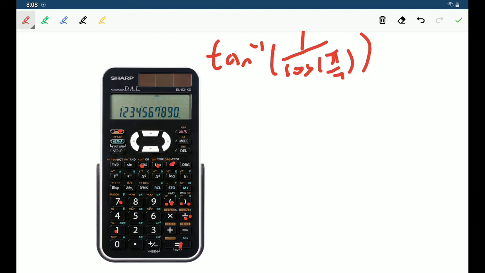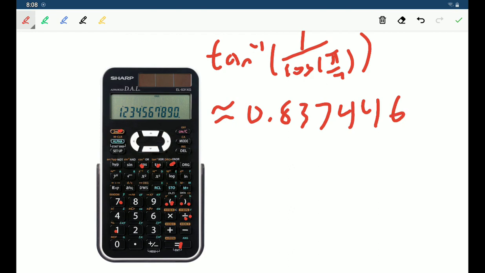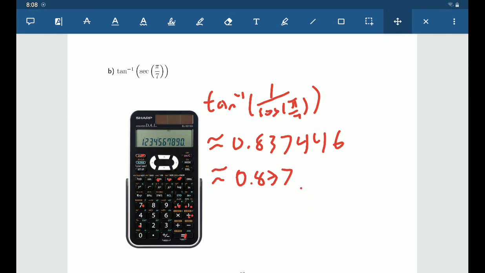And when I ran that through my calculator, I got about 0.837446 and some other stuff. And here we were told at the beginning to give 3 decimal places if we were using our calculator, so I will round that off to 0.837. And there we go. So we've now evaluated tangent inverse of secant of pi over 7.